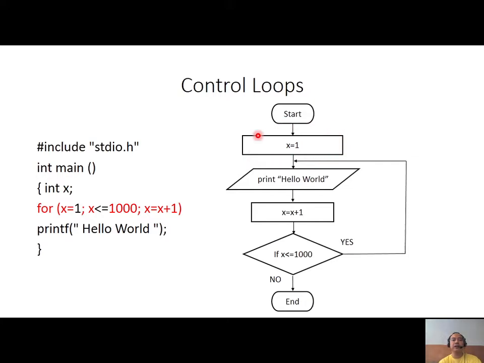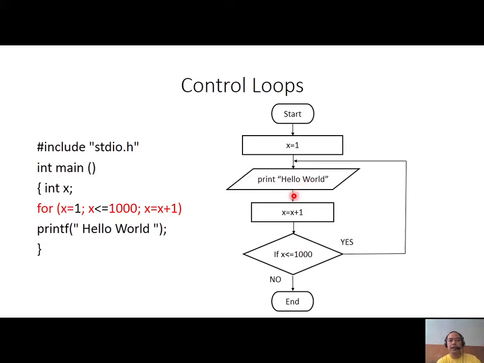It's going to process the assignment of x, which is equal to 1. For some flowcharts, they would require an additional process for declarations of variables. Then followed by a parallelogram for our output, print hello world.